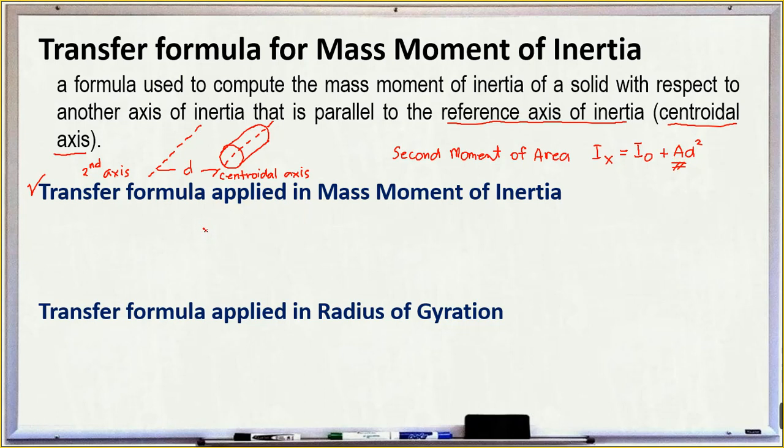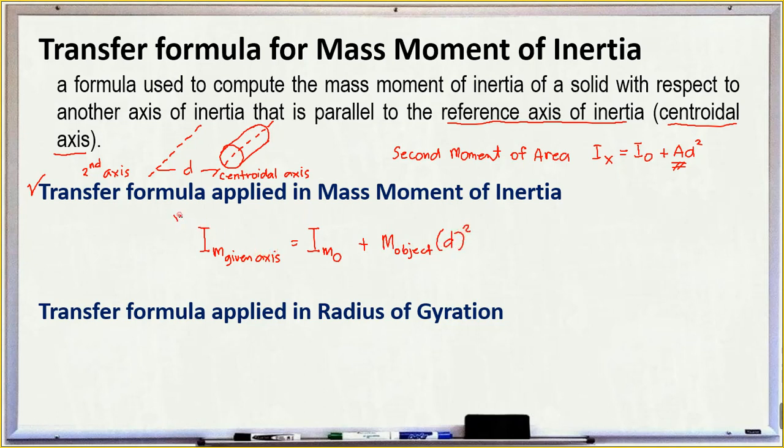So here, the mass moment, IM, of the given axis aside from the central axis is equal to the mass moment of inertia along the centroid or along the central axis plus the mass of the object times the distance of these two axes, denoted by d squared.